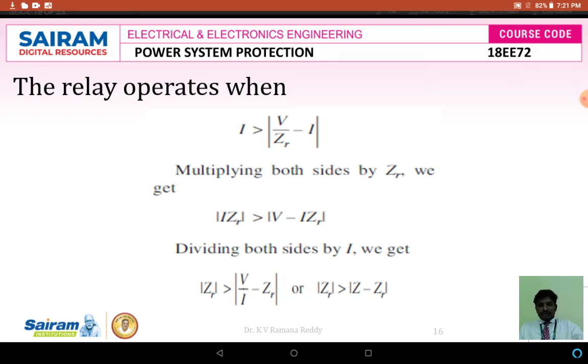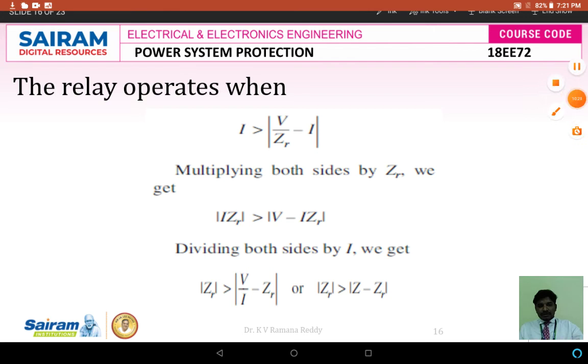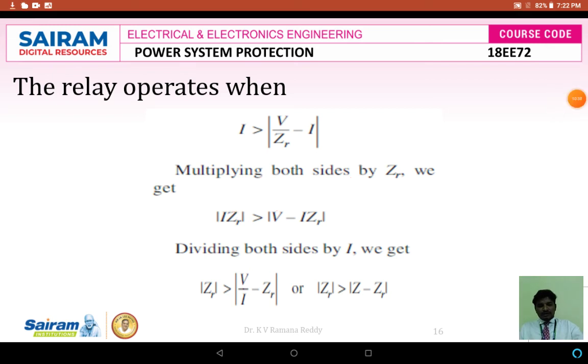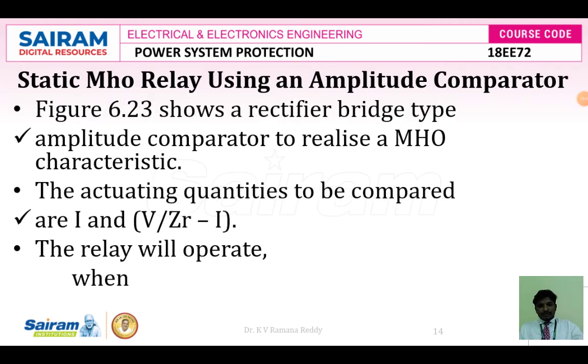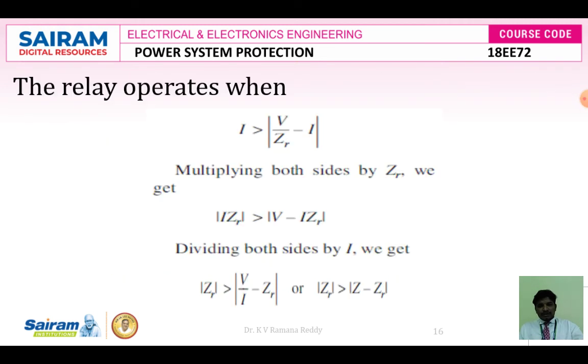It becomes ZR here, it becomes Z, it becomes ZR. So here the reach impedance value is greater than Z minus ZR, overall value, then the relay will function, and the amplitude comparator has worked out here.